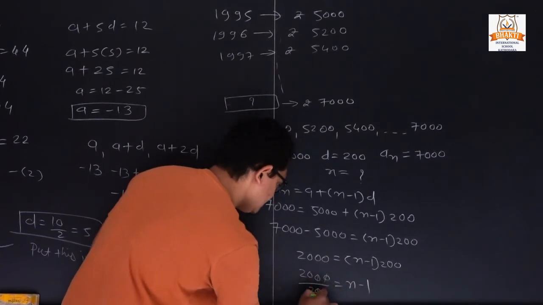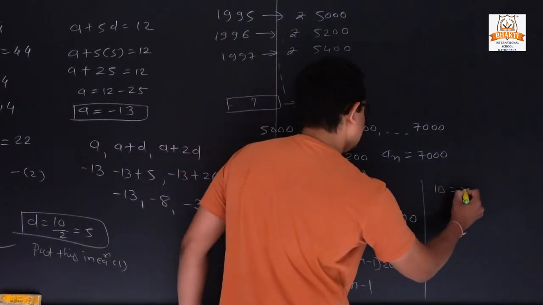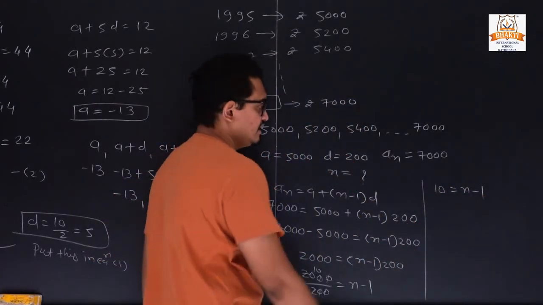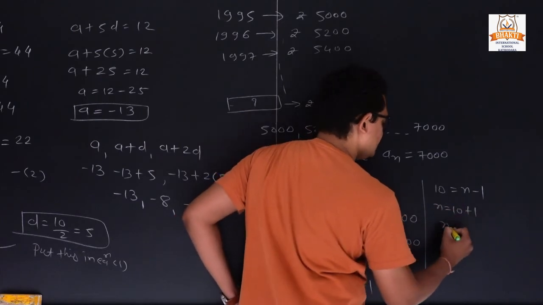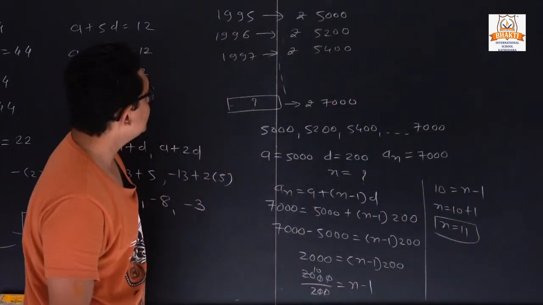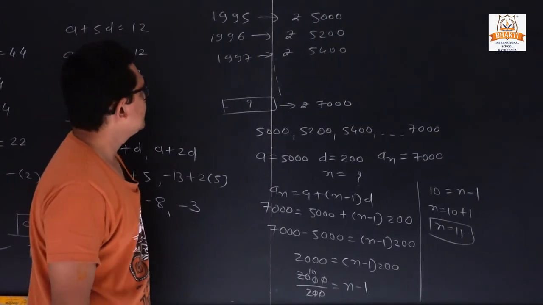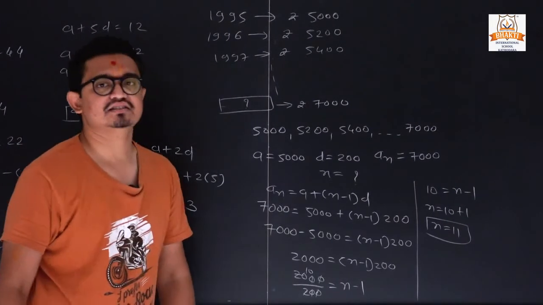So 0 0 cut, 2 tens are 20. So it means 10 is equal to n minus 1. Now minus 1 is going to the second side, so it becomes plus. So it means in 11 years its income reached 7,000.